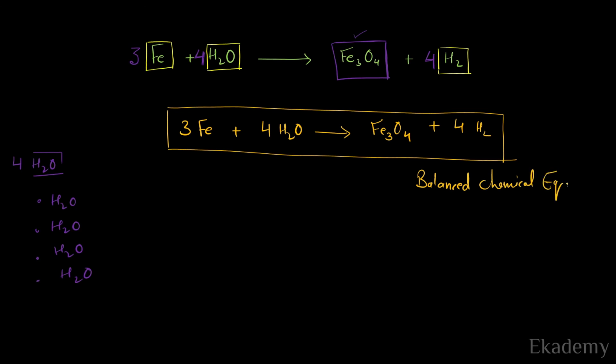Okay, we will see a few more examples of balancing. Let us take the example of a burning reaction again, which is the burning of methane, CH4. So this is the second example.